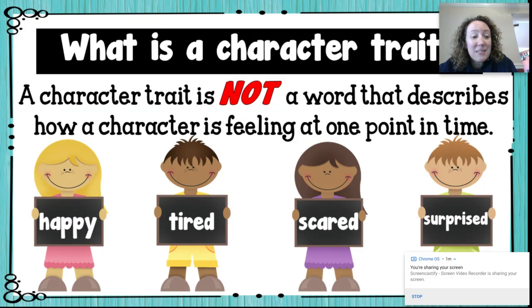A character trait is not a word that describes how a character is feeling at one point in time. So when you think about our stories that we've read, the read aloud, the chapter books, right? The characters are changing throughout the stories. They're not in that one feeling at all times, okay?